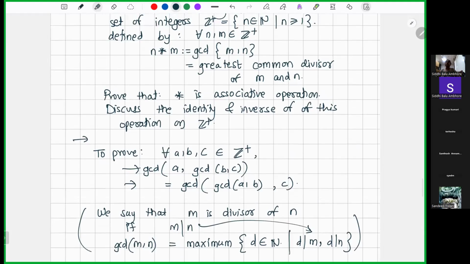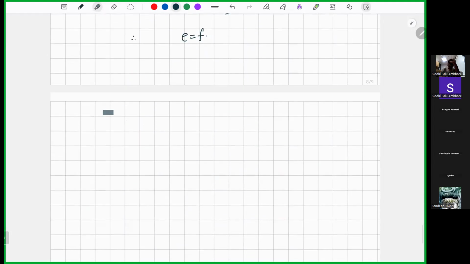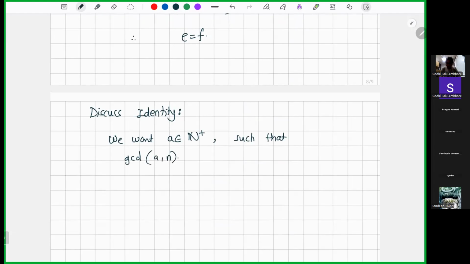So let us discuss the identity of this operation. So what does identity mean? Identity is an element. So we want some A in N plus or Z plus such that GCD of A comma n must be equal to n, right?